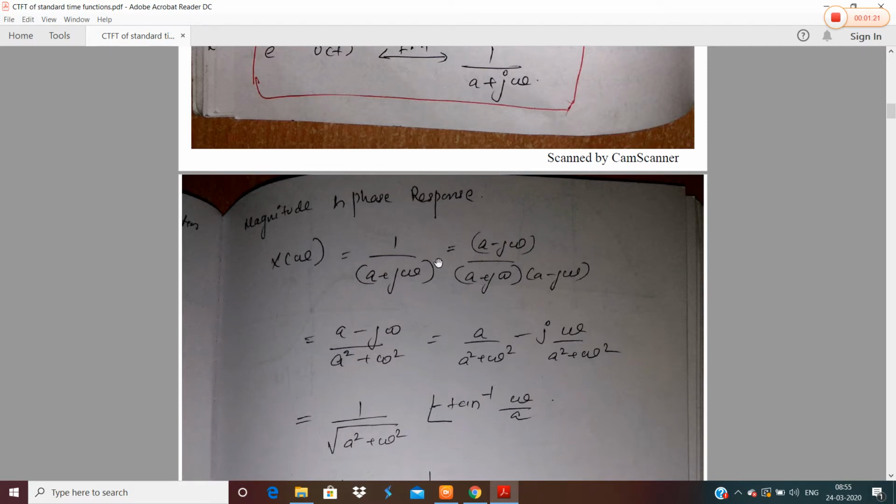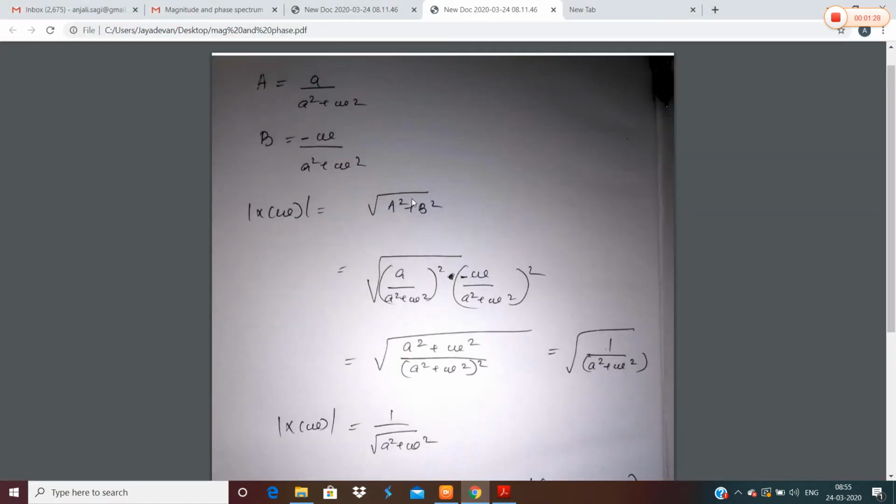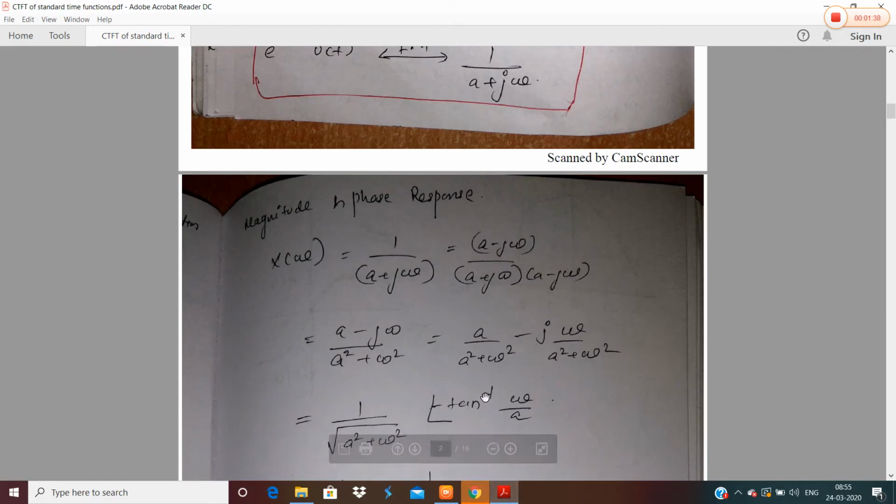Magnitude and phase spectrum can be found out by using the formula mod X of omega is equal to root of a square plus b square, where a is the real part and b is the imaginary part. In this case, we have to make it of the form real part and imaginary part. Because it is of the form 1 by a plus j omega, we need the form a plus j b.